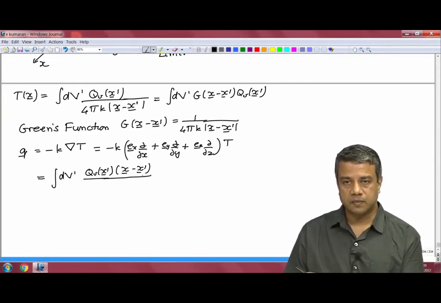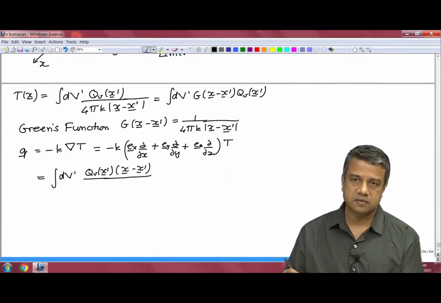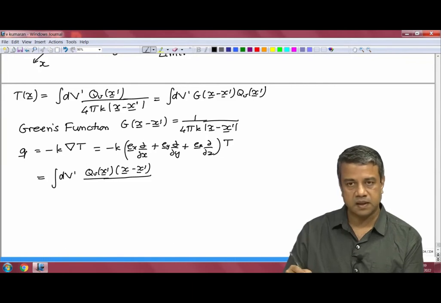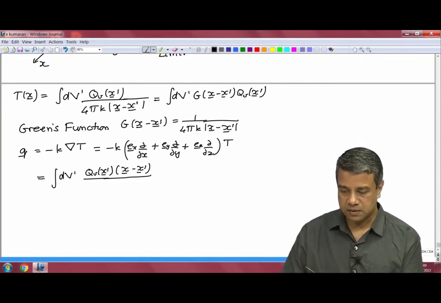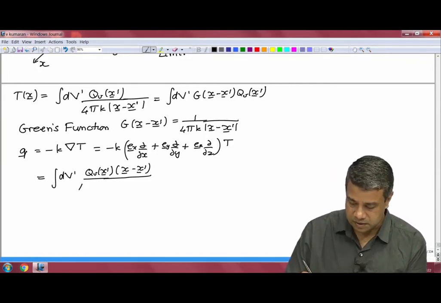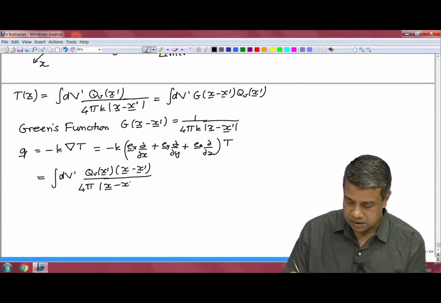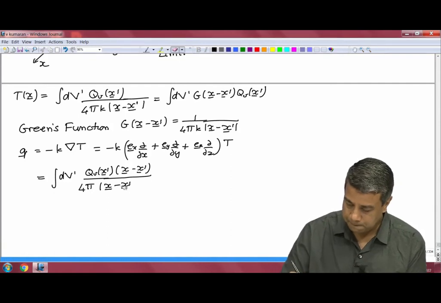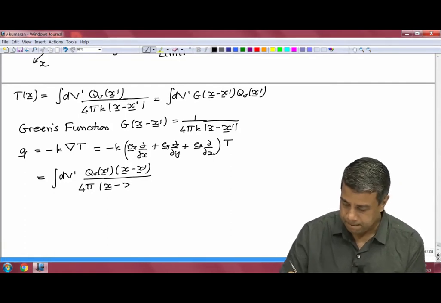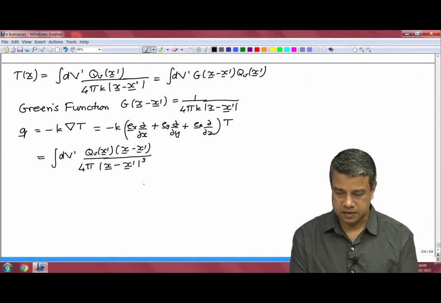When I did it for a point source, the source location was xs, and therefore I got x minus xs in the numerator. Now I just get x minus x prime in the numerator by 4 pi into the magnitude of x minus x prime whole cubed. So, this is just a simple extension.